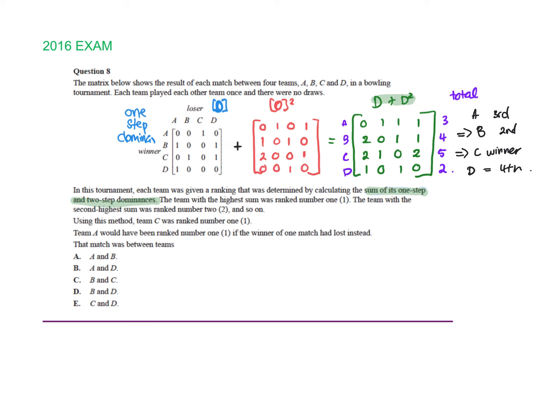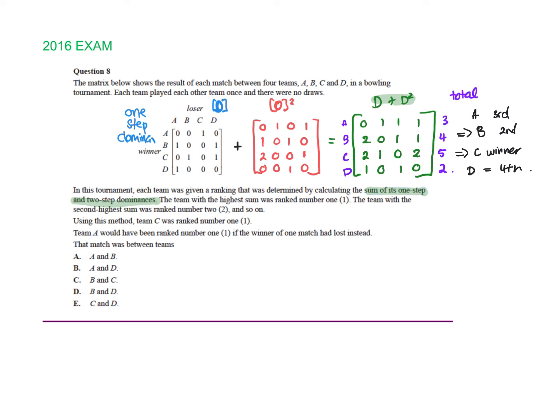Team A would have been ranked number 1 if the winner of one match had lost instead, if they won instead of they lost, okay? So if one game changed, this would have meant that A won. So what I did is I've already entered it into my calculator, and this is question 8, so you're going to spend a bit of time.